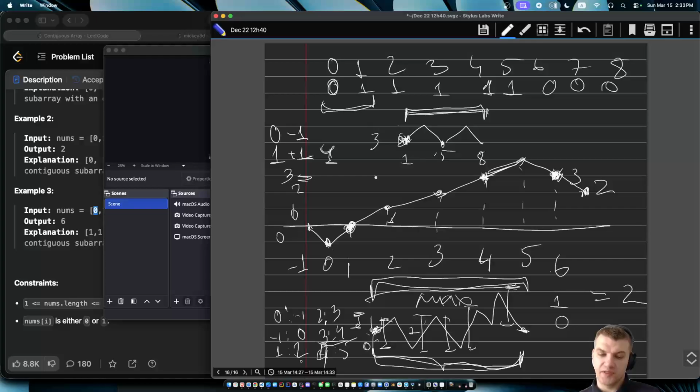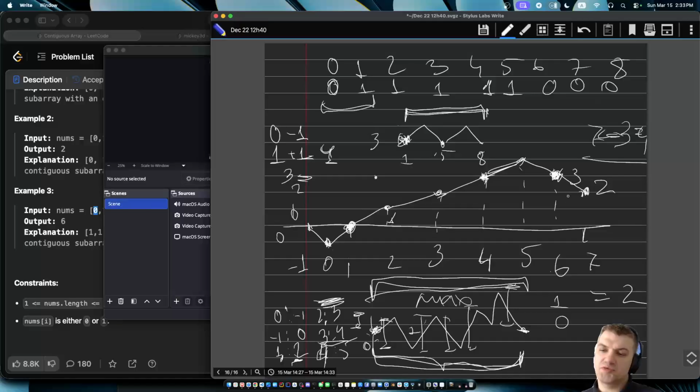In the hash map we already had the value 2 at index 3, and we are now at index 7, so it's going to be 7 minus 3, and that's going to be 4.